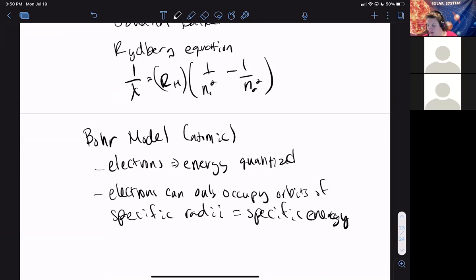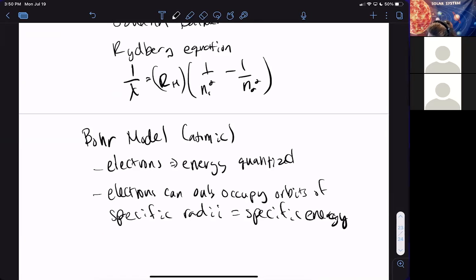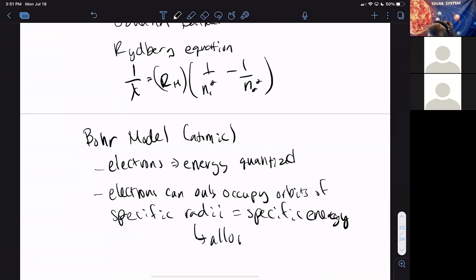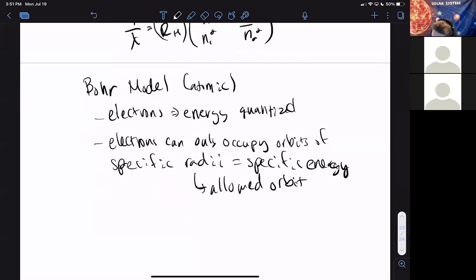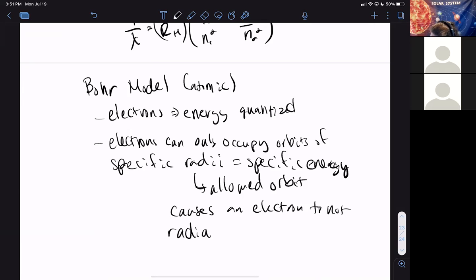If they are not in an allowed orbit, then the electron will spiral and crash into the nucleus. This allows an electron to not radiate energy. If it was radiating energy, it would be losing that energy, and it would, again, spiral into the nucleus.